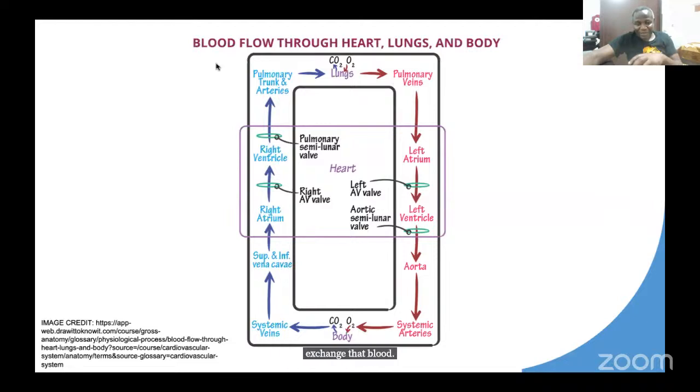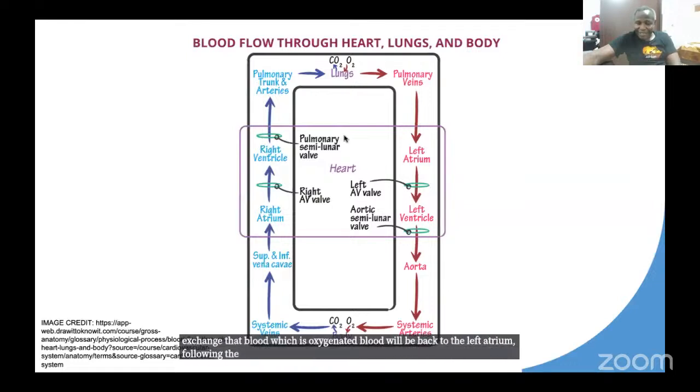That oxygenated blood will go back to the left atrium following the pulmonary vein.